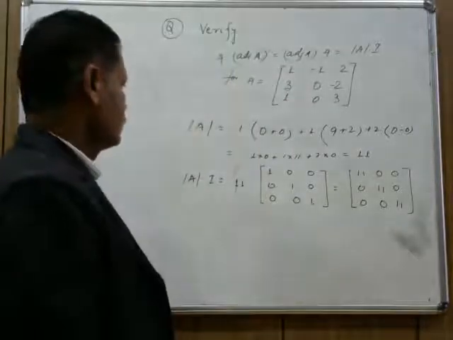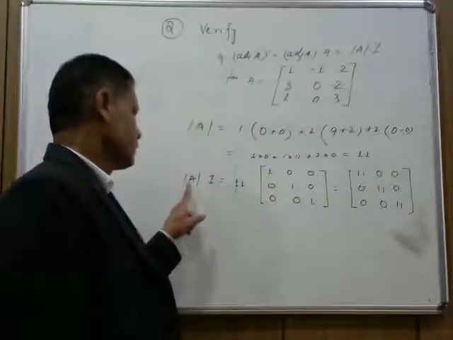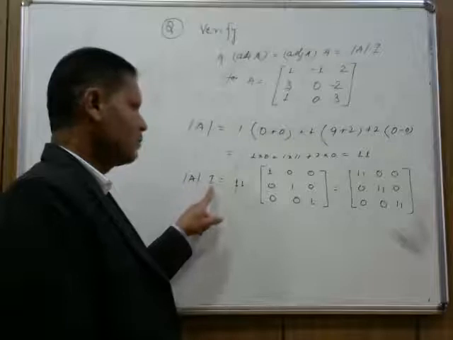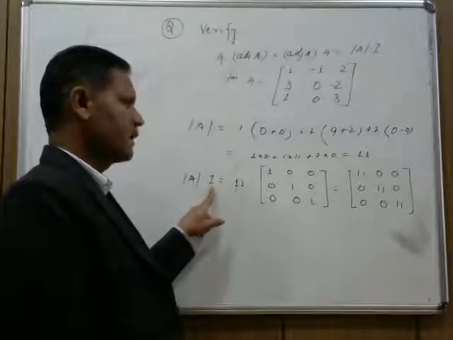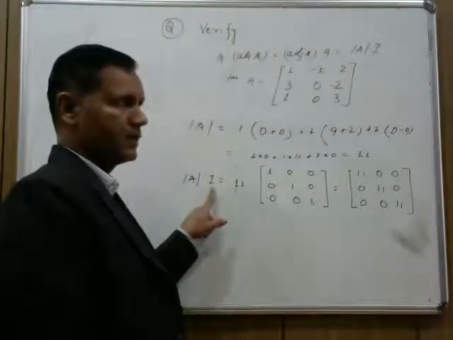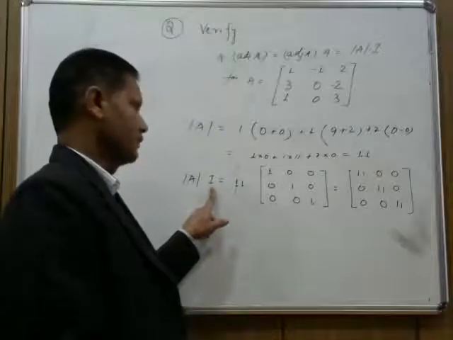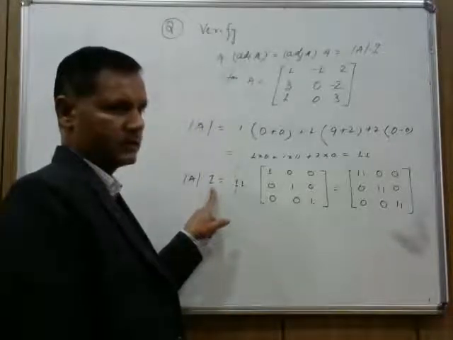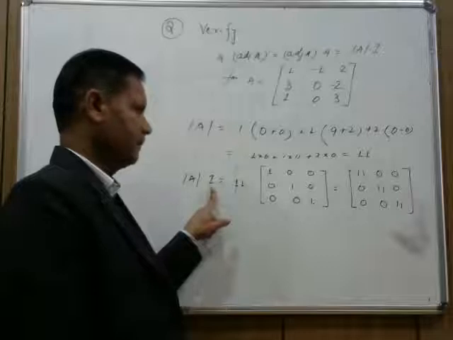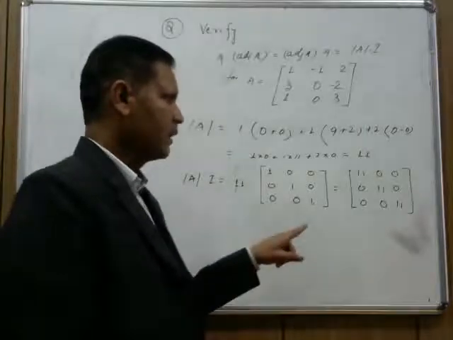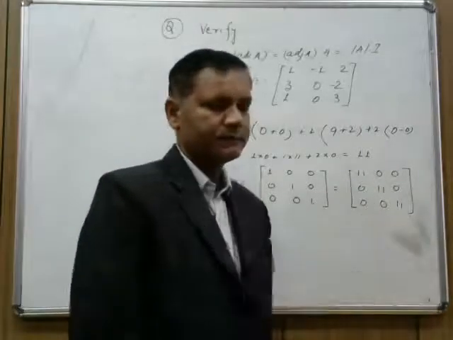This is the value of determinant of A into I, where I is the identity matrix whose diagonal elements are 1, and here the diagonal elements are 11.